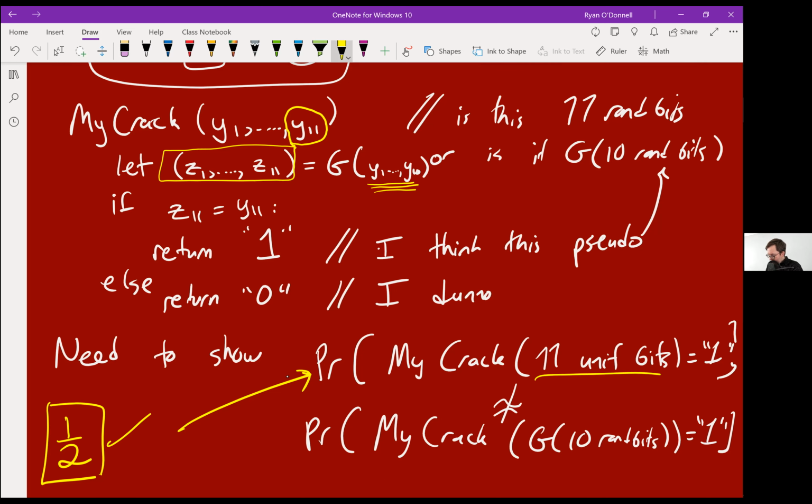Maybe the probability that z11 is 1 is going to be p, and the probability that it's 0 is 1 minus p.